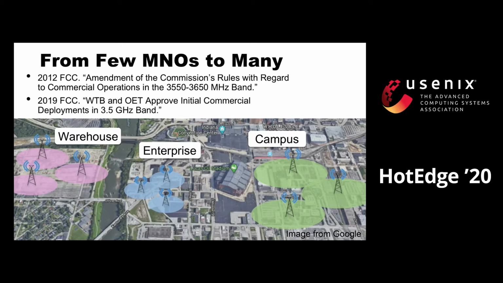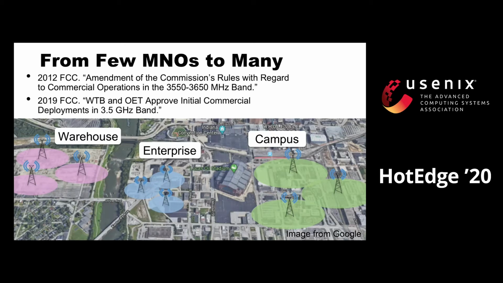It all started in 2012 when the FCC allocated 150 megahertz of spectrum in the 3.5 gigahertz band for use by private LTE operators. This is called the Citizens Broadband Radio Service, or CBRS. It took a little while, but things are finally starting to take off because in September of 2019, the FCC approved the first commercial deployments of the CBRS system.